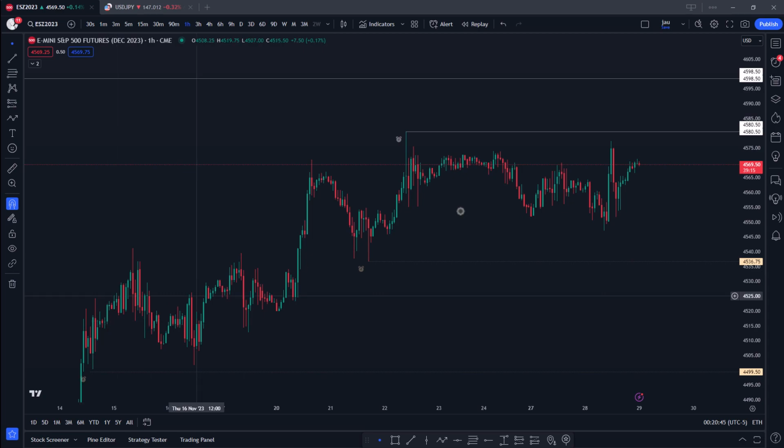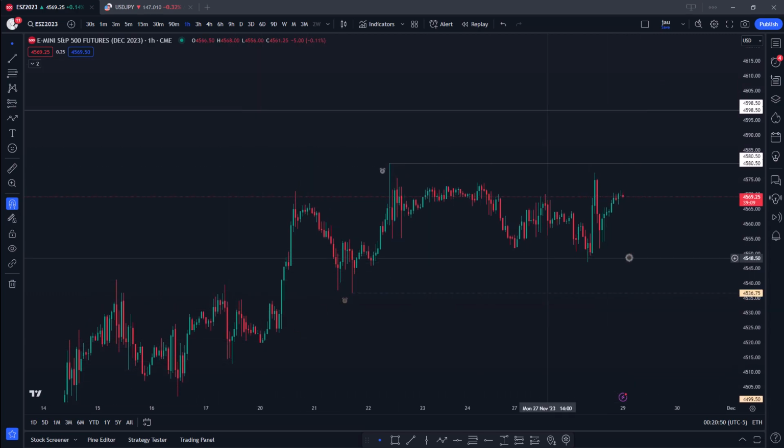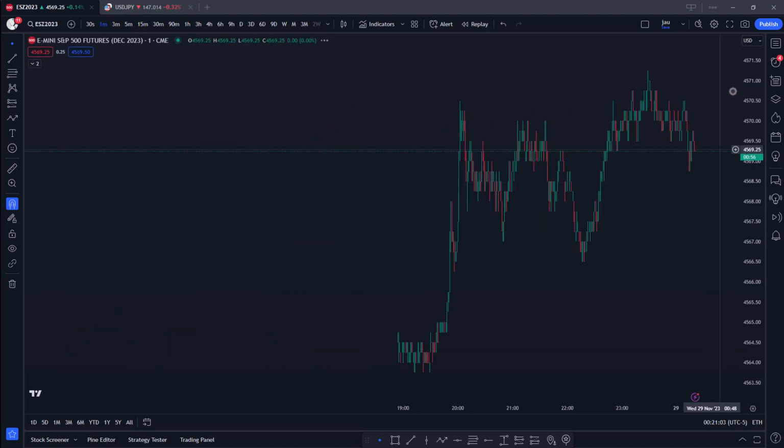We just basically chopped around without giving the discount or a premium that we can work with. So right now, not the biggest fan of this market. I'll literally be scalping anytime I enter a trade. I'll be breaking even quickly, and I'll be taking partials quickly.